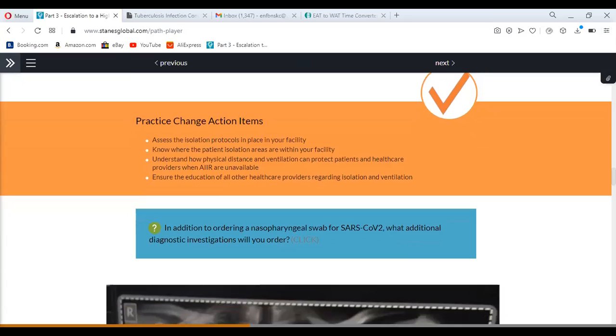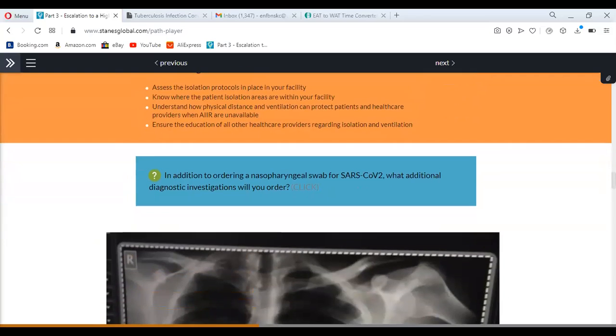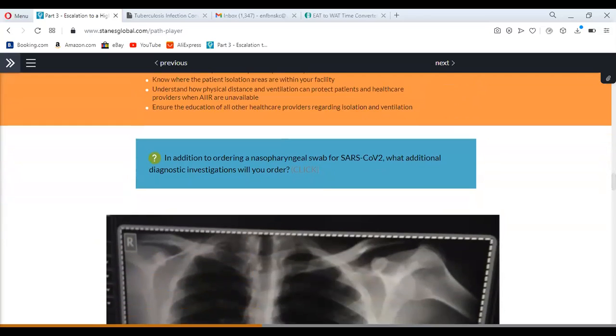All right. So we are continuing with our case. In addition to ordering a nasopharyngeal swab for SARS-CoV-2, what additional diagnostic investigation will you order?